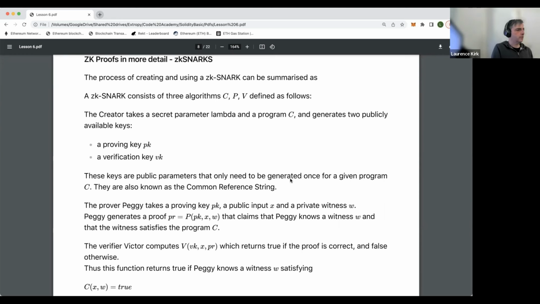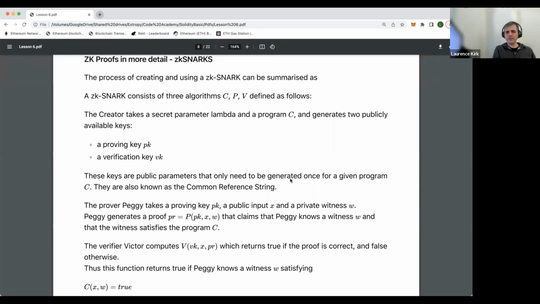It was important that this was kept secret, because if you know what this lambda value is, then you would be able to create false proofs. You would be able to generate a proof which would look correct, but was in fact false.